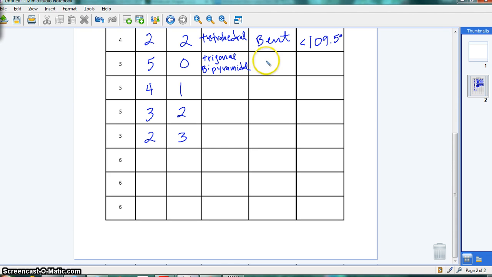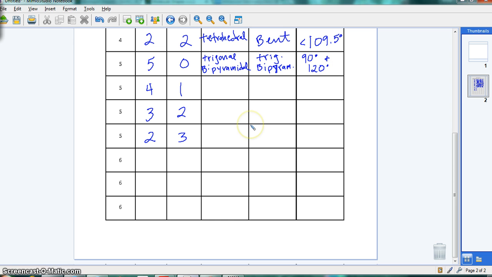Our molecular geometry is the same because we have no lone pairs. So trigonal bipyramidal. And then our bond angles are 90 degrees and 120 degrees.